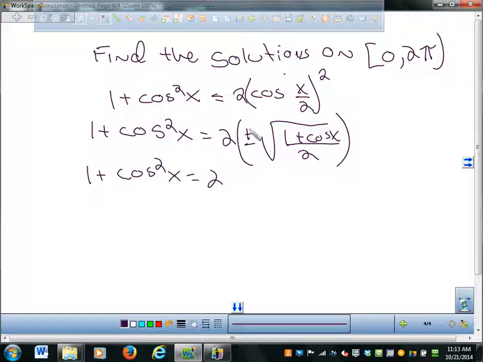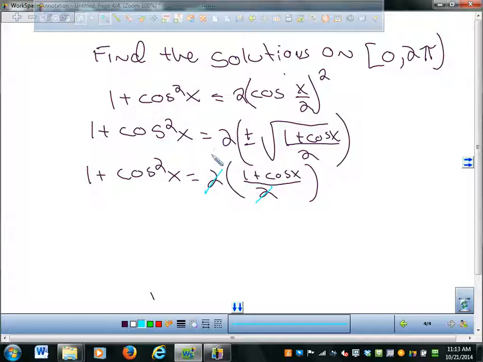So I get 1 plus cosine squared x equals 2 times the square root of 1 plus cosine x over 2, squared. This is not plus or minus, right? I'm just showing you that this could be a plus or minus, so it's times. Square root goes away. 1 plus cosine x over 2. Now what goes away? The 2's. You can cross out this 2 and that 2. Because I squared it.